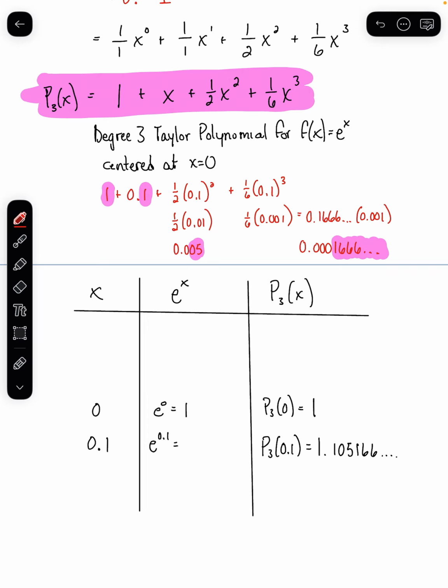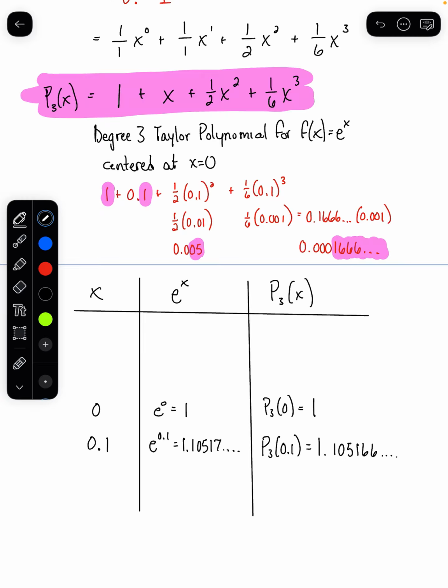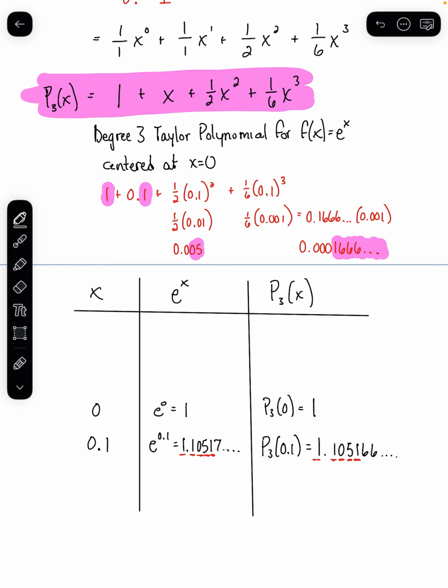E to the 0.1, however, we would have no choice but to go to a calculator. And interestingly enough, the value of e to the 0.1 from a calculator is 1.10517, etc. That's very close. That has the same number in the ones place, the same number in the tenths place, the same in the hundredths, the same in the thousandths, the same in the 10,000ths, and only in the 100,000ths place do we first see a difference, and it's not even that big of a difference.